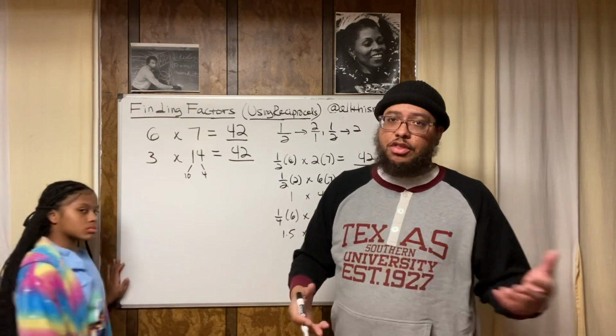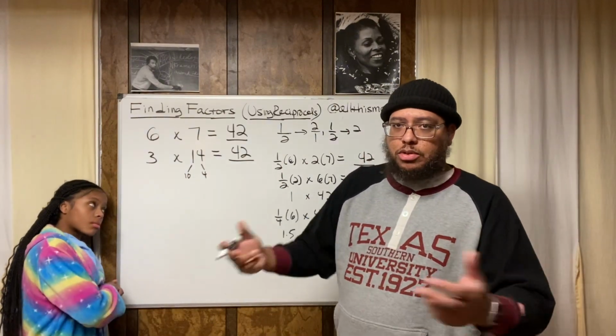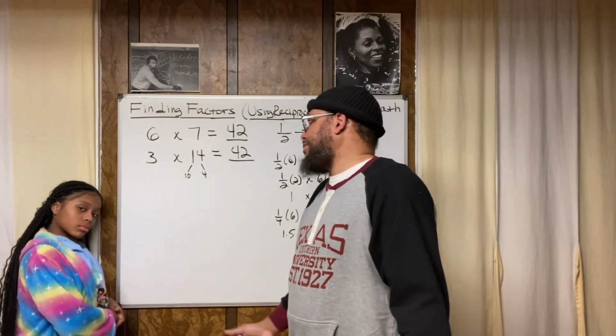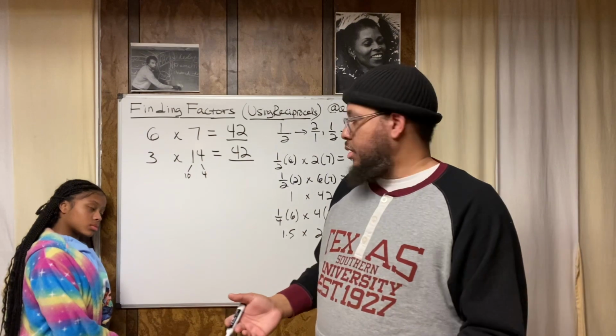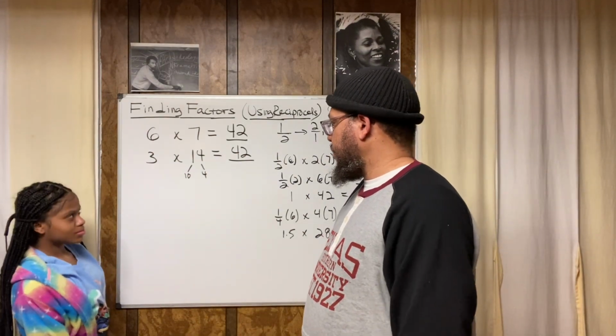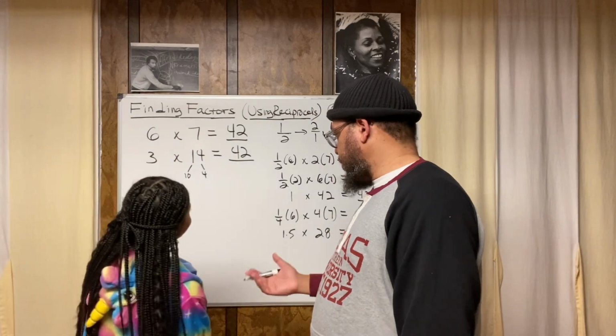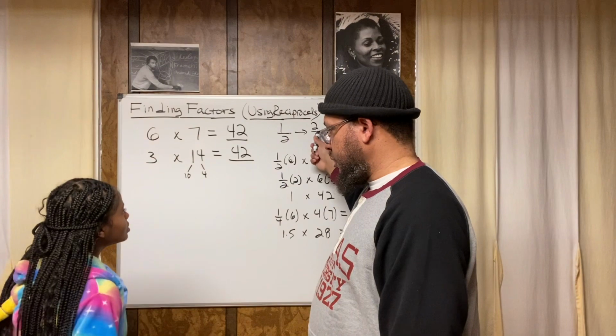So if I want to find other factors, all I have to do is multiply each of the numbers by reciprocals of each other. So say 1/3 and 3. Are 1/3 and 3 reciprocals of each other? Are 1/2 and 2 reciprocals of each other? Yes, they are.